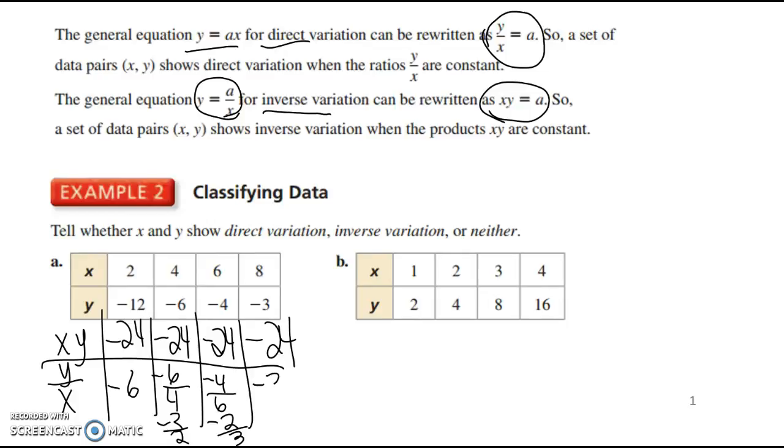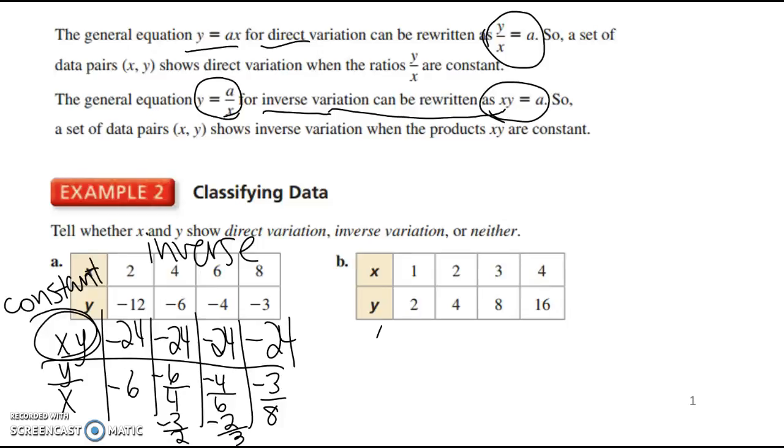And negative 3 over 8 can't be reduced. So these are all different, but my x times y is constant, and they're all equal, which means that if you go back up to the top, this is going to be an inverse variation. So for part A, we can write inverse.